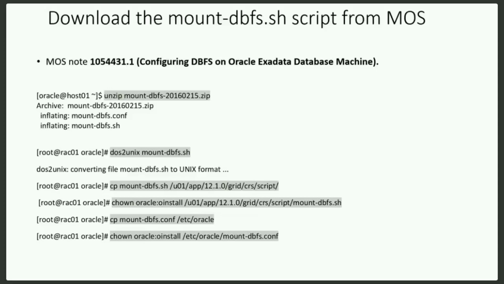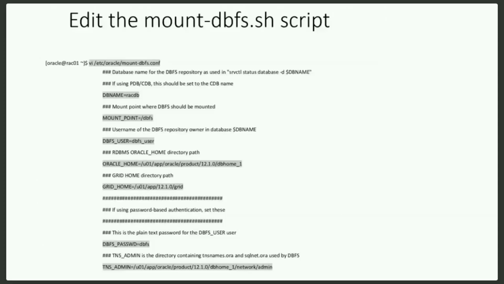Change the ownership to oracle, because oracle is my GoldenGate user as well as my database user. And there's also another file. So two files. When you unzip the zip file, you'll see mount-dbfs.conf and a similar .sh file. So copy the sh file to the crs/script directory under the GI home, and copy the mount-dbfs.conf file to /etc/oracle.